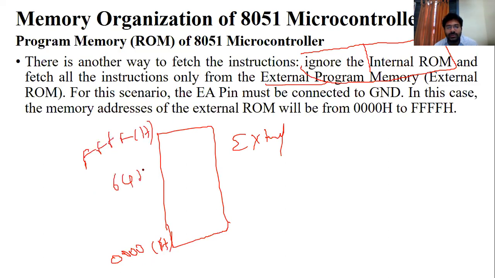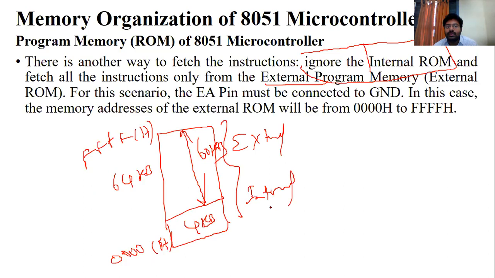That means 64 KB. You can ignore the internal memory and access the external memory. Or you can consider the internal memory at the same time as external memory, and then it is 60 KB, and 4 KB of internal memory is also added.